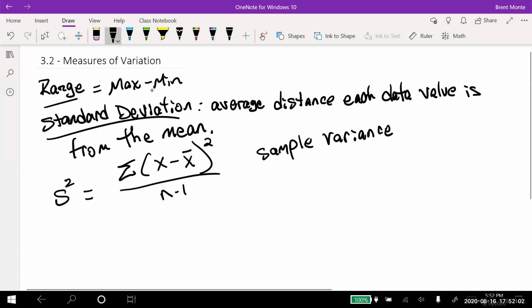The problem with this S squared, this sample variance, is think about the units. Suppose X is in years. So let's talk about maybe the average age in the class. And let's pretend the average age in the class is 20. If somebody's 18, the X would be 18. 18 minus 20 is negative 2. So they vary from the average age by 2 years less than the average.